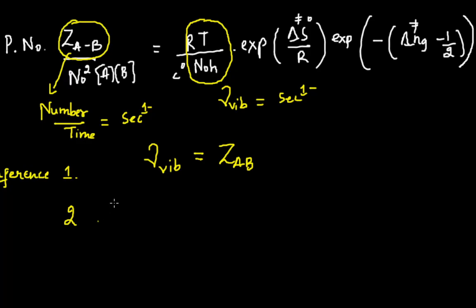Second inference you need to make is this. What is P? P is called steric factor. Steric factor P may be interpreted in terms of entropy. And this factor is expected to have a negative value as the activated complex represents a more ordered state than the reactants, because the activated complex is one particular thing, it's all one cluster of atoms, right?